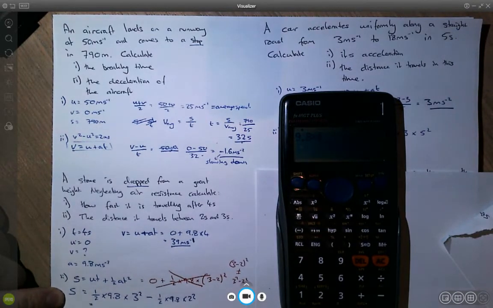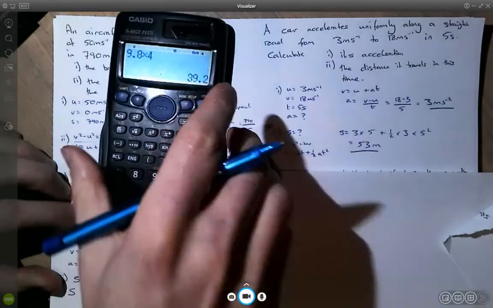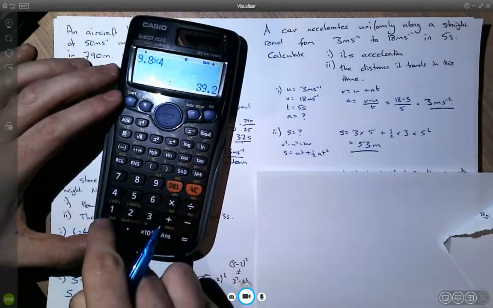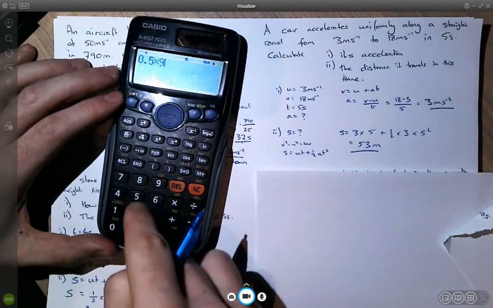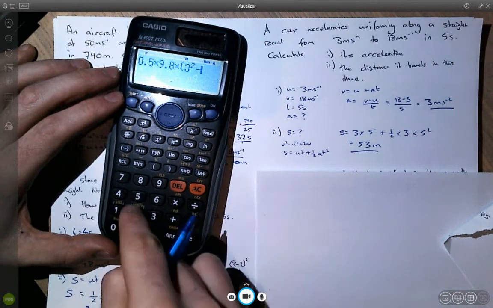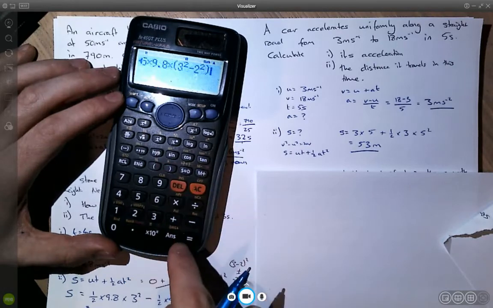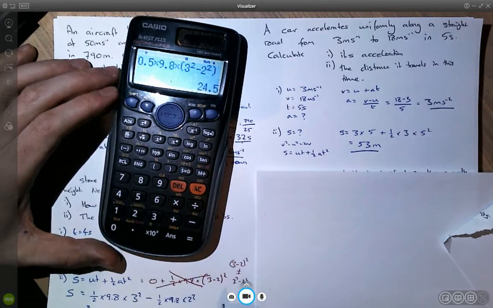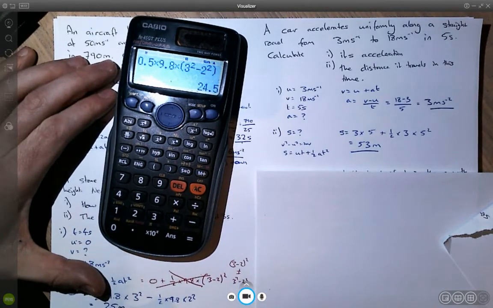Now we can solve this equation. So 0.5 times 9.8 times, and then I can do 3 squared minus 2 squared this way, and I get 25 meters.